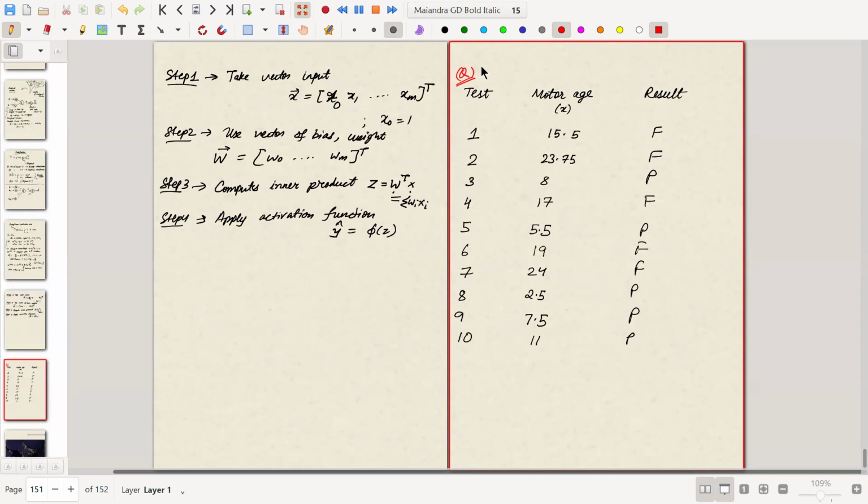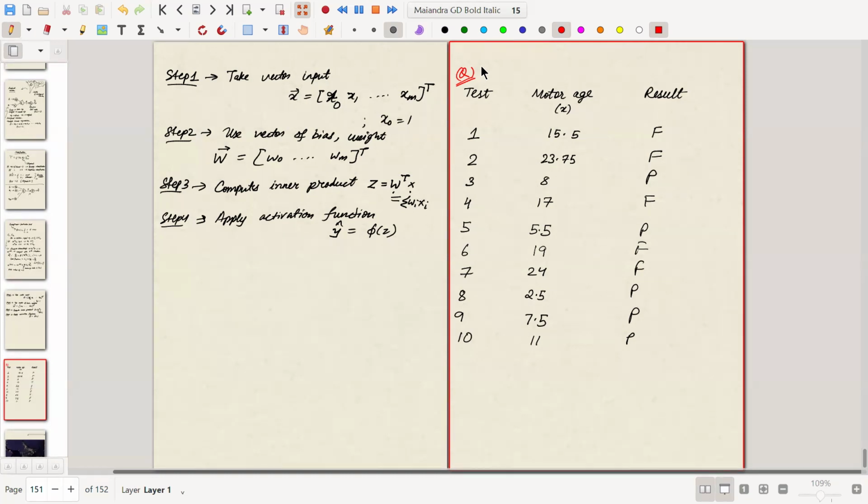Maybe it has gone 15 months or 15 years, the unit I have not specified. After using it for 15 years, we do a test whether the motor is good to use in future or not. If it is good for future use, it passes the test, that is P. If it is F, then it fails the test. That means you need to replace your old motor with a new motor. You got that idea?